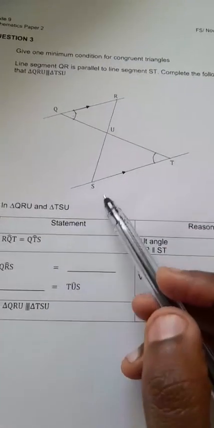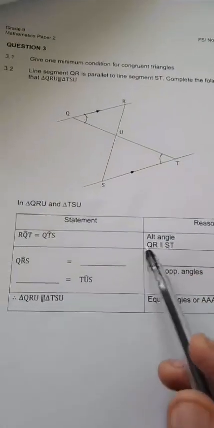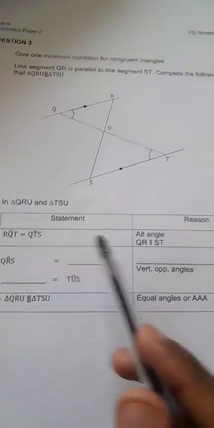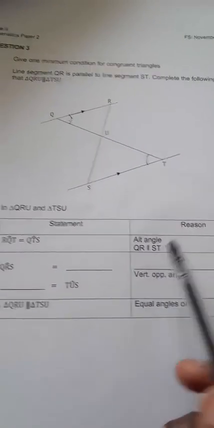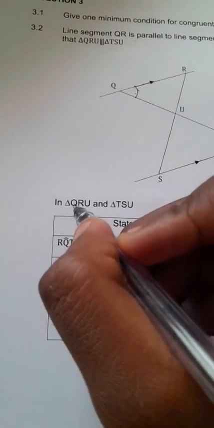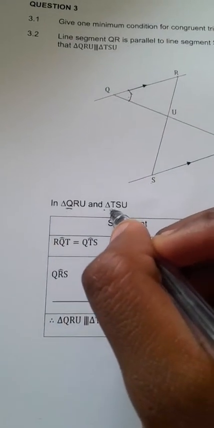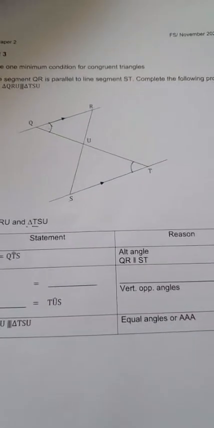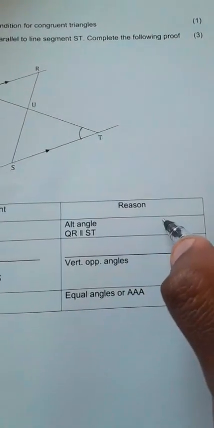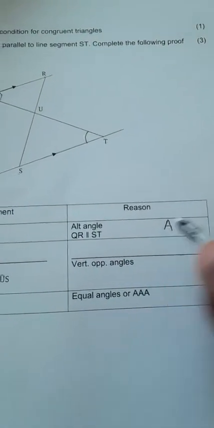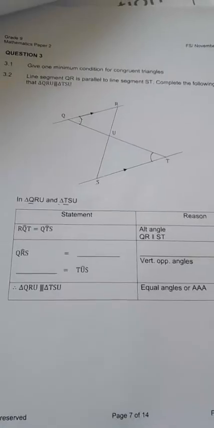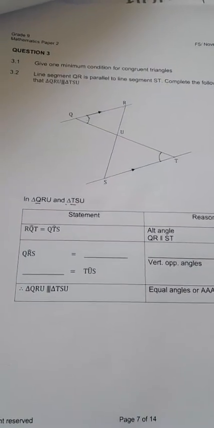QR is parallel to ST. This is a very true statement, and it's a very true reason. So in other words, we can then say that this angle is equal to this angle. Okay? And this is our first A, angles, respectively, for the two triangles that are equal.